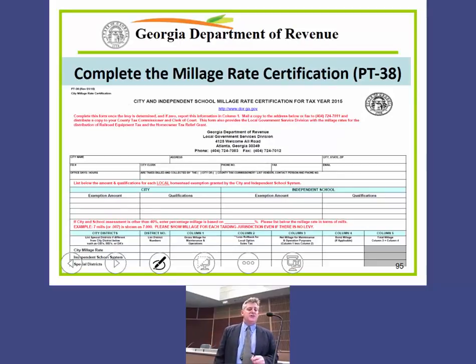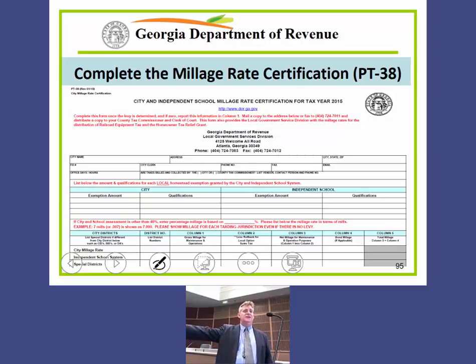And once the millage rate is adopted, we need a PT 38. The PT 38 is just the mill rate certification to the Department of Revenue, to your clerk of Superior Court, and to your county tax commissioner. And the local option sales tax rollback has to be shown, and we have a column for that to be shown on the PT 38.